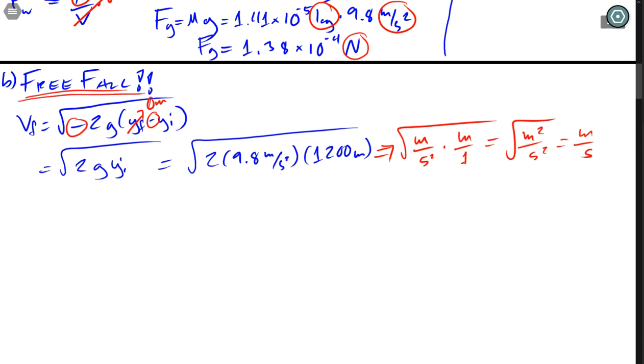Okay, but the magnitude this time, whoa, is going to be a whopping 153 meters per second. Now to put that in perspective, that is approximately equal to 340 miles per hour.